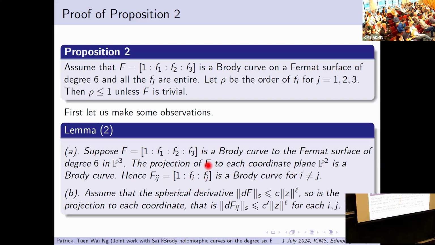And the conclusion would be this new map would also be a Brody curve. So in general, you don't have this result, but if you assume the Brody curve is lying on the Fermat surface of degree 6, you will have this one. And then the next result would be the following. If you assume the spherical derivative is bounded above not by a constant, but in terms of a polynomial growth, then for this projection, you also have the same kind of estimate for the spherical derivative.